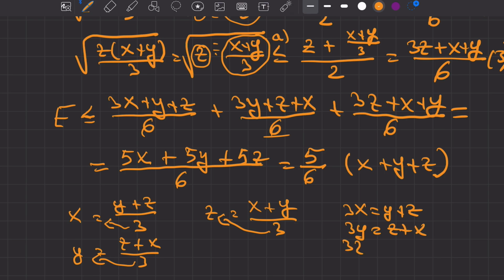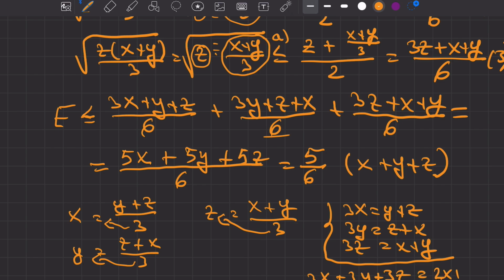x plus y. And we add all of them, and we get that 3x plus 3y plus 3z equals 2x plus 2y plus 2z. If we subtract on one side and move everything for x and then for y and then for z, we get that x plus y plus z equals 0.